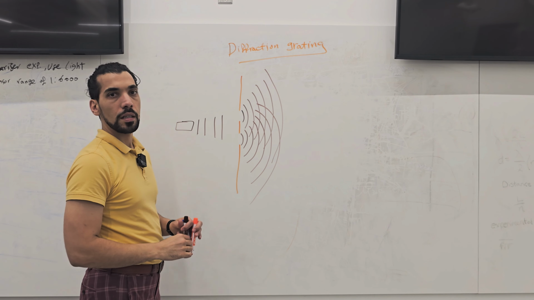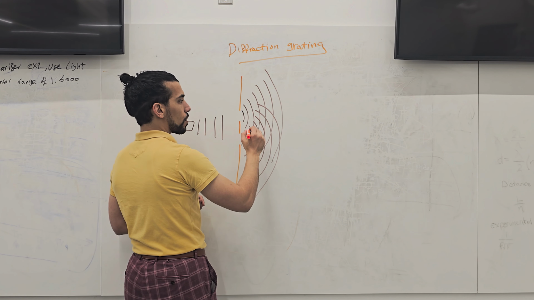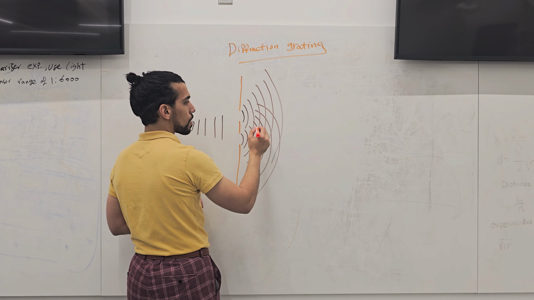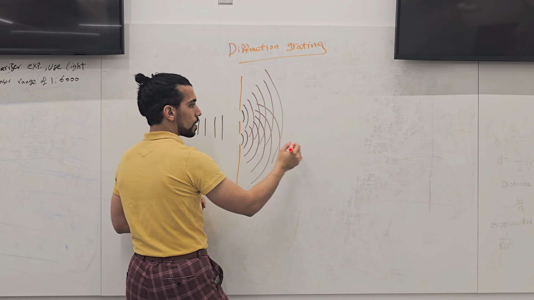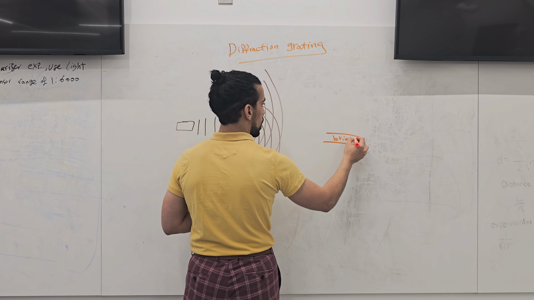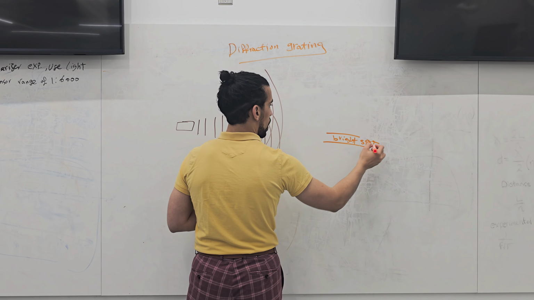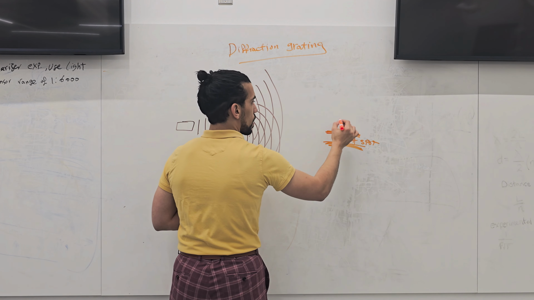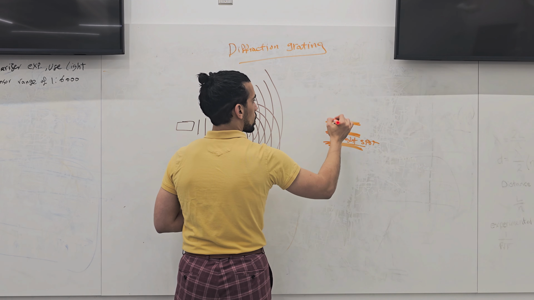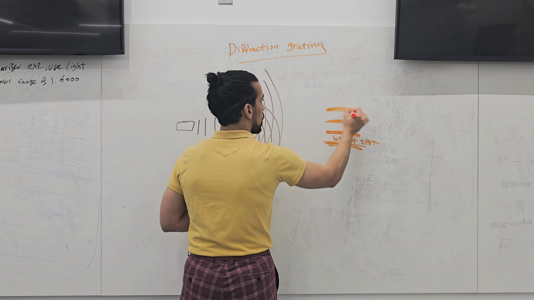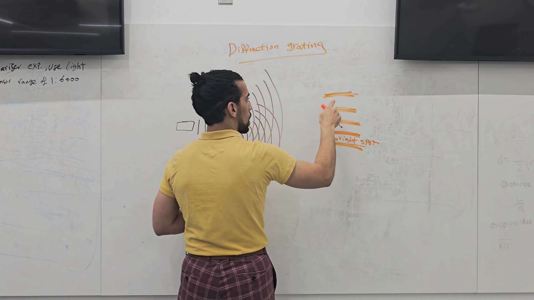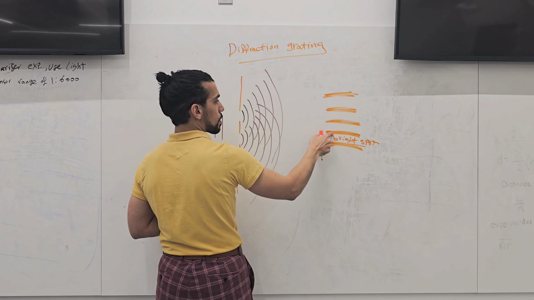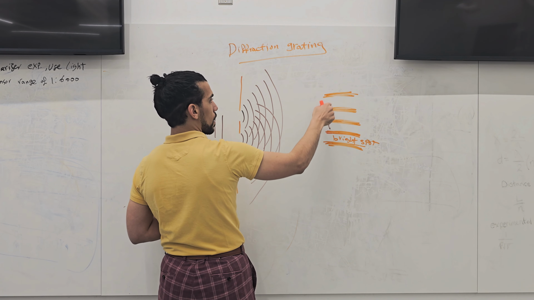We are going to have some positions of constructive interference and some positions of destructive interference, and by the end we are going to have very bright spots, then a dark spot, then a bright spot, dark spot, and so on. Bright spot, dark spot, bright, dark, and so on.